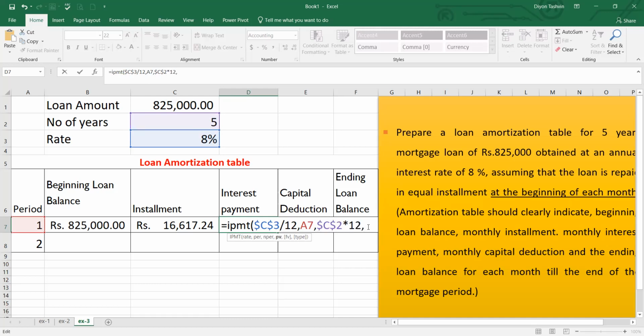Then we have to enter the present value of the loan. So we have to refer to that particular cell. Since we need the figures in positive, we have to put a minus sign in front of the loan amount. Then we have to fix it. Why? Because this loan amount is constant over the period of time.